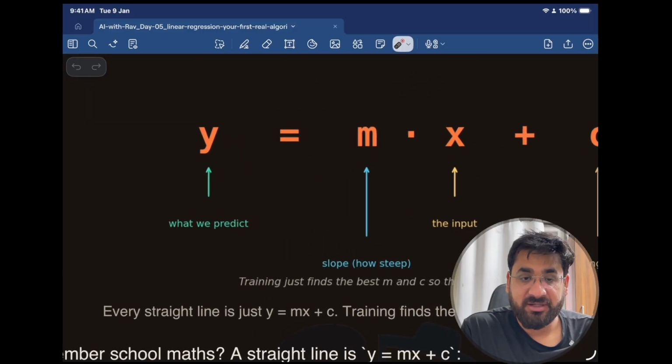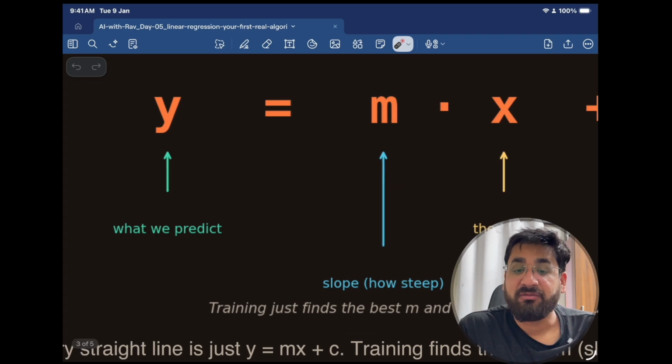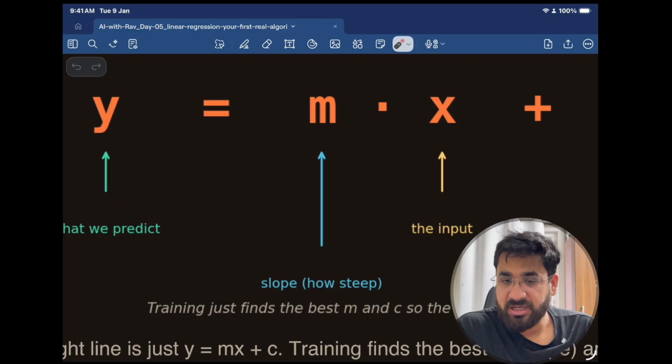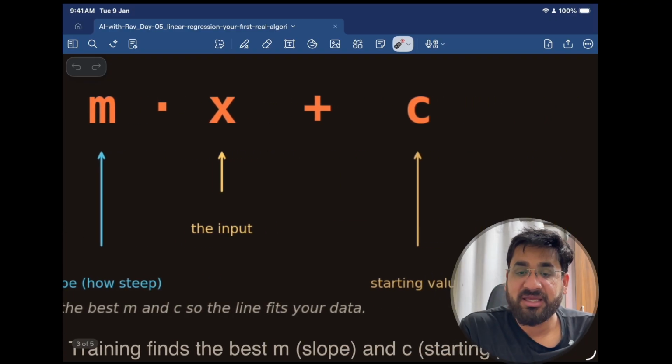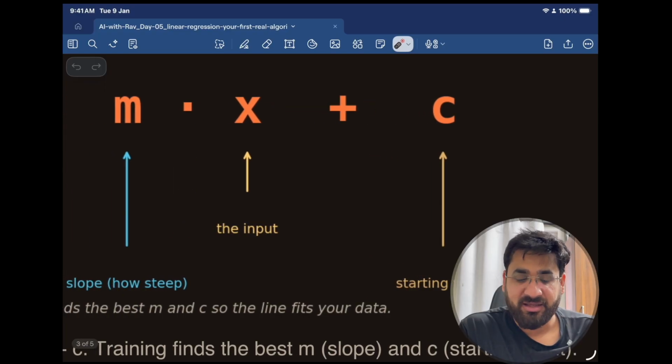You can see right now, let me zoom in. y is what we predict. What are we predicting here? We are predicting the house price. What is m? m is the slope, how steep the line is. And what is x? x is the input. And what is c? c is the starting point. As simple as that.